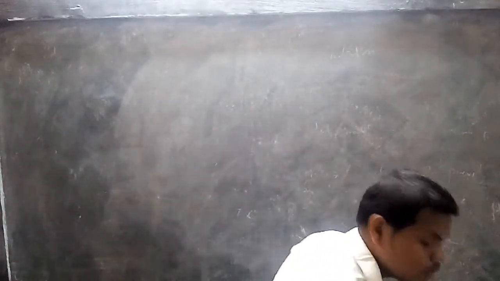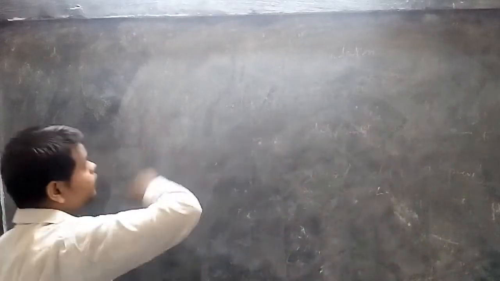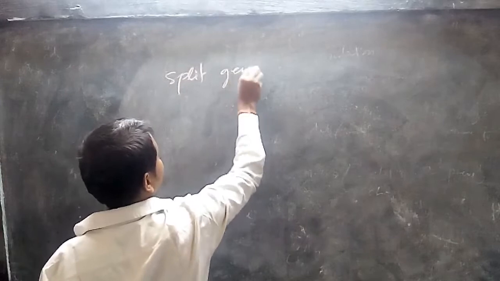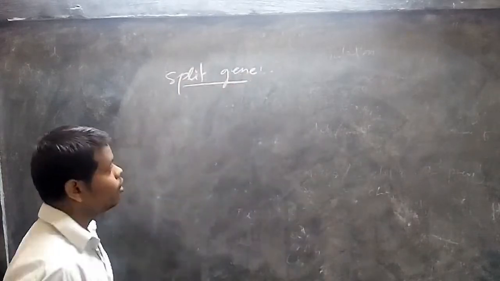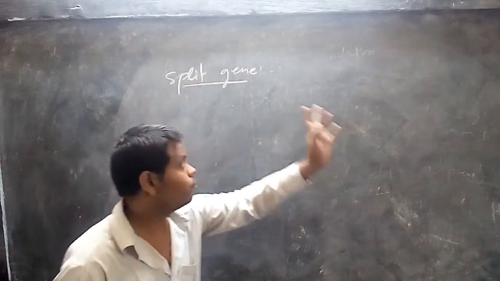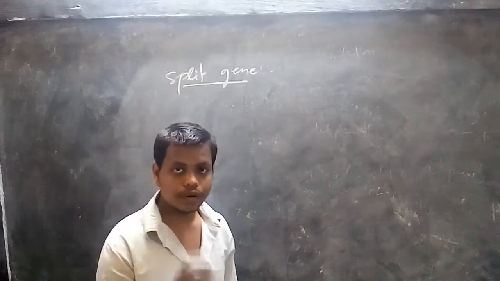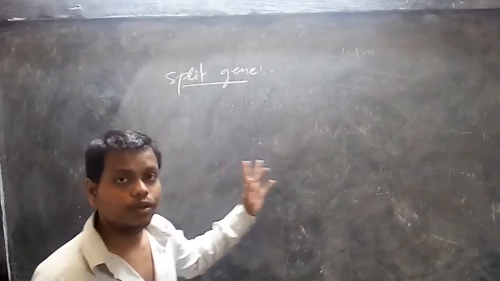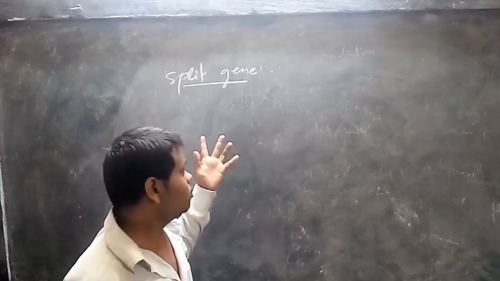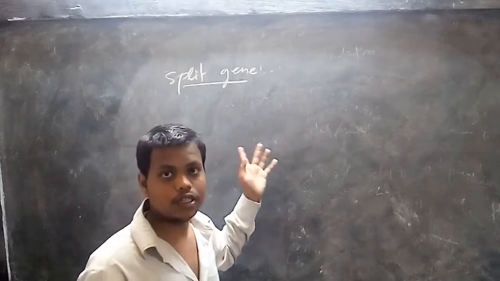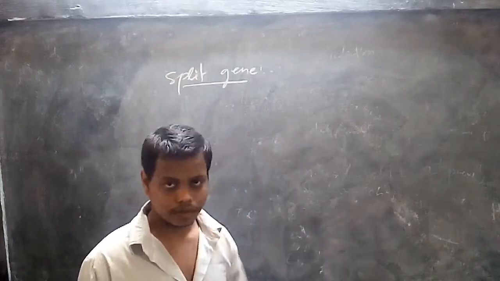Then another thing we are going to discuss is split gene. What is the condition of a split gene? In the prokaryotic gene, the gene is continuous. That means the prokaryotic gene consists of only the functional part.